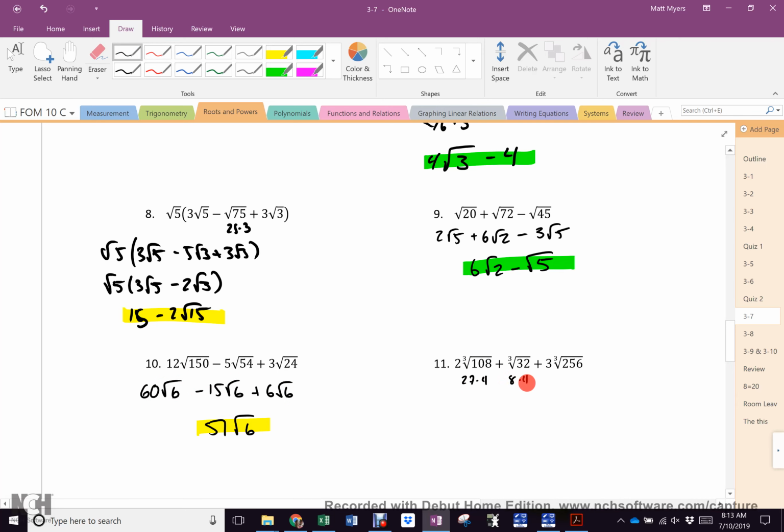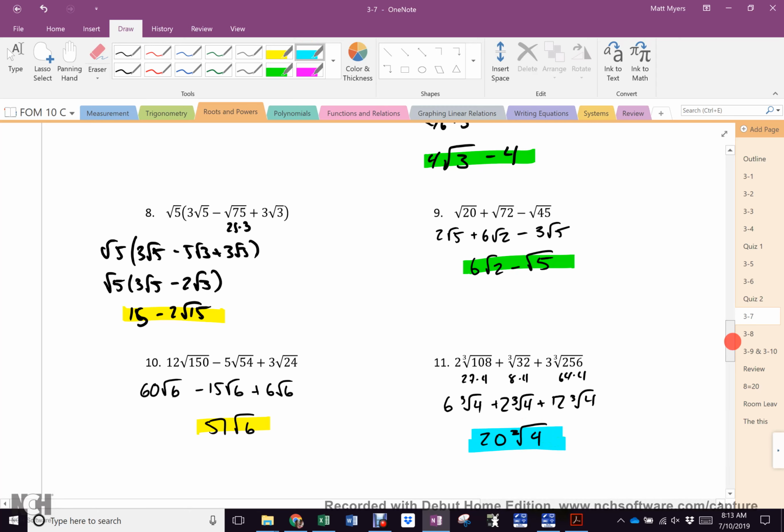That's 8 times 4. That's 64 times 4. So that's going to be 6 cube root 4. Plus 2 cube root 4 plus 12 cube root 4 is 20 cube root 4.